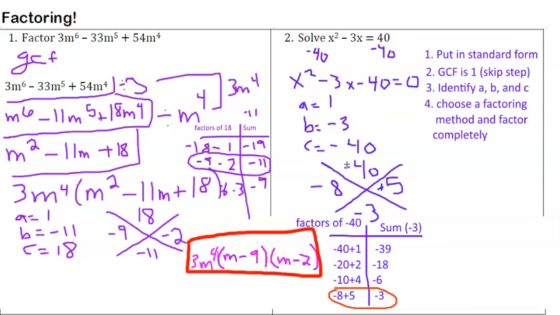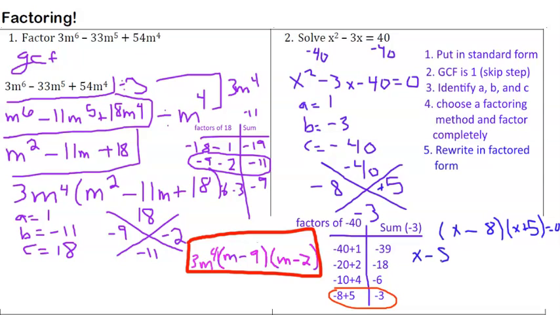So from here you'll write out your factors. So we have parentheses x minus 8 times x plus 5 equals 0. Using the 0 product property, we'll set each factor equal to 0 individually.